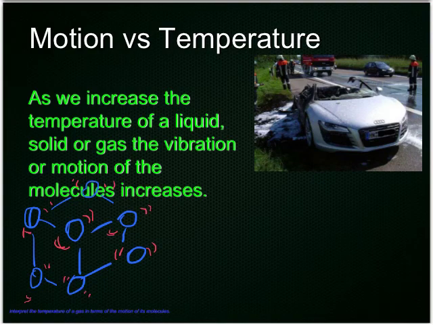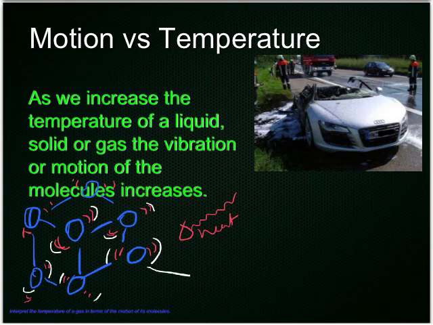Now when you heat the thing up, so we provide heat, then they start vibrating more. If they vibrate enough, then things can change. In other words, you could turn to liquid or to gas.